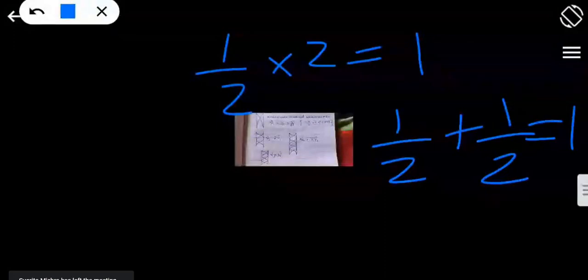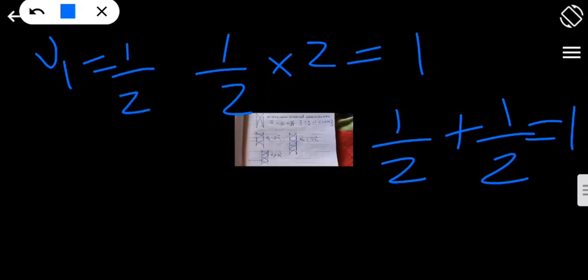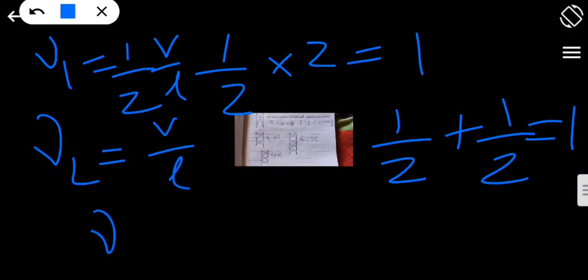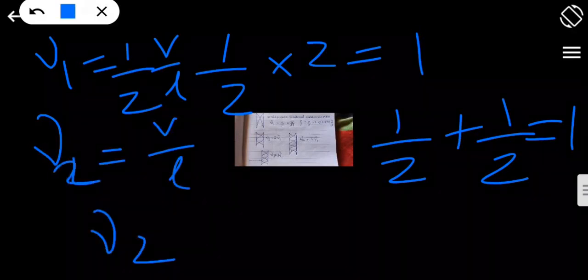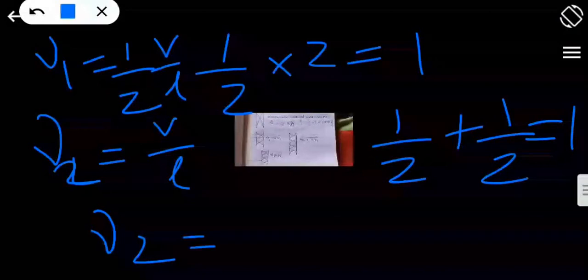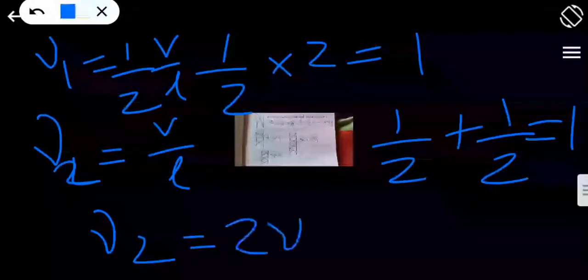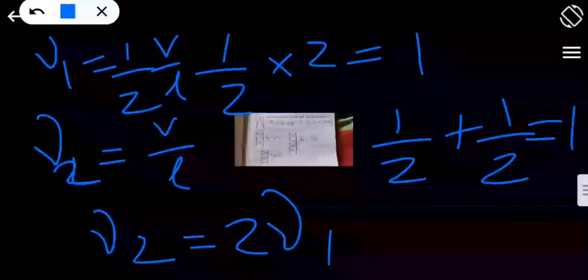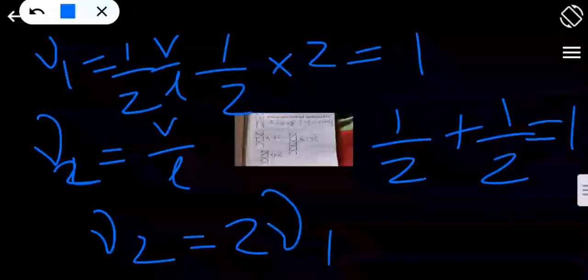So if nu1 is equal to half of V by L and nu2 is equal to only V by L, I can write nu2 is equal to twice of nu1. This is for the second harmonic case, right?